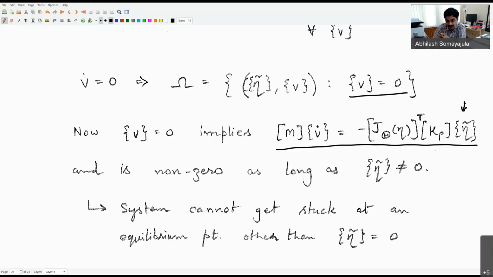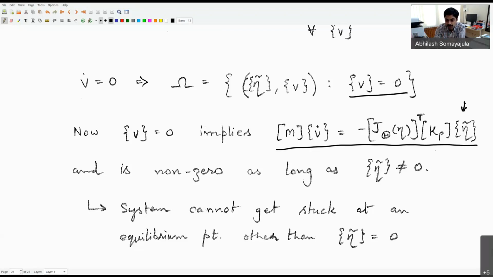The only invariant point in the set, which means where I start and I continue to be there, is when eta tilde is 0 and v is 0. If I start from that point, I'll definitely continue to be there. But any other point I start, it's not a state that I can maintain. So the largest invariant point in this entire set is only the equilibrium point corresponding to eta tilde equal to 0 and v equal to 0.